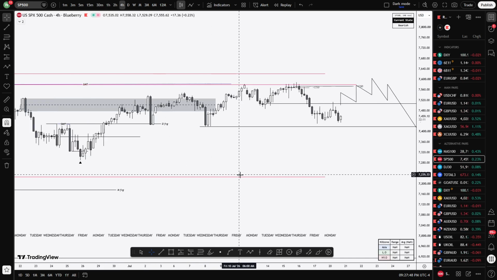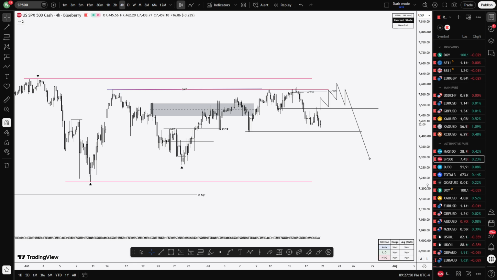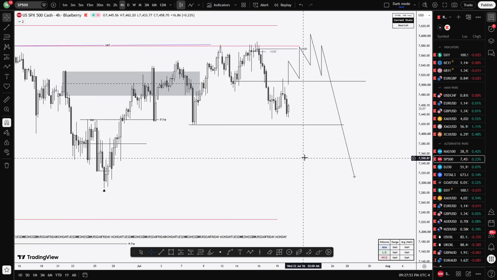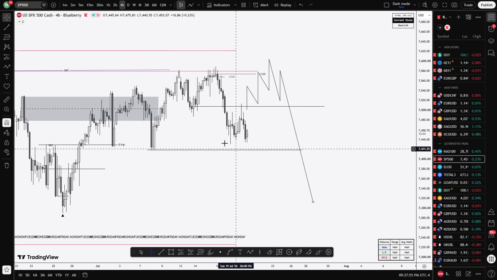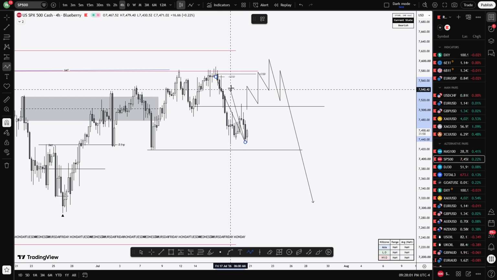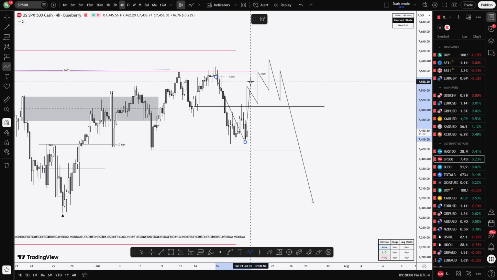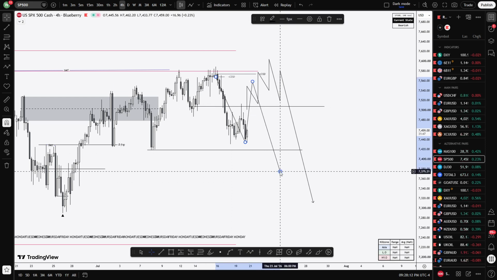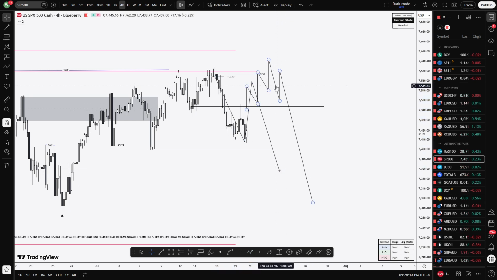Yeah. So to get involved in this, if you look at the structure, it is clearly defined. We've had this drop here, so just wait for the pullback into the zone. And since this pair is a stronger pair, we might get a deeper retracement into this zone here, and then you continue lower. It's as simple as that. If it fails, it fails.